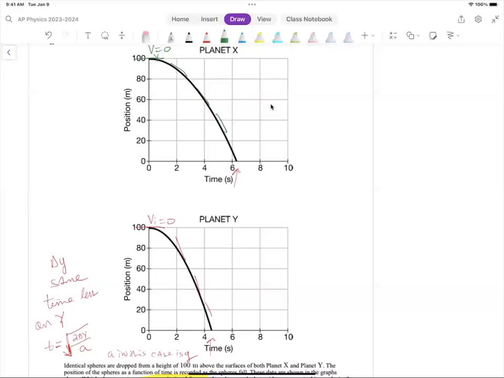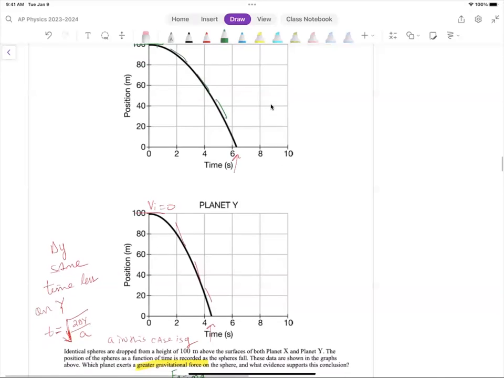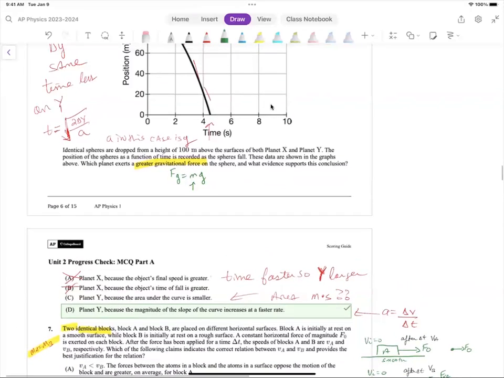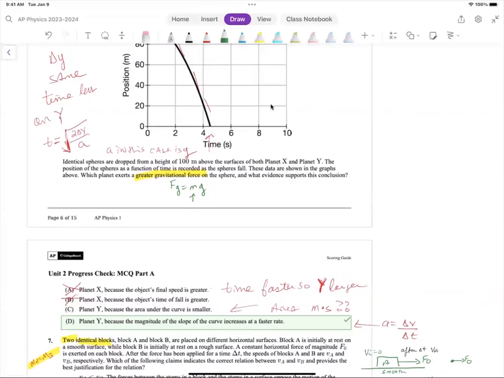And the time for Y is lower. Therefore, a on planet Y has to be bigger because it's in the denominator. So acceleration due to gravity on planet Y has to be greater. All right. Now I've got to figure out which one gives me the right explanation. So planet X, no. So cancel and move on. You know A and B are wrong. You're saving yourself time. Now, you've got to pick between C and D.